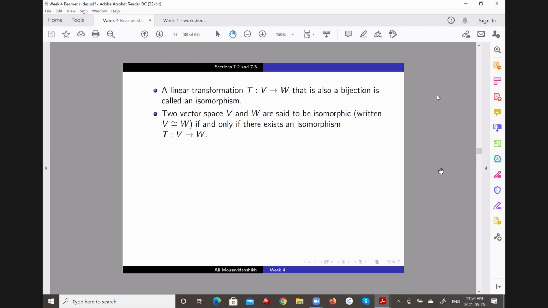In fact, you should convince yourself that every space is isomorphic to itself. What map would I use to prove that a space is isomorphic to itself? The identity? Exactly. The identity map.